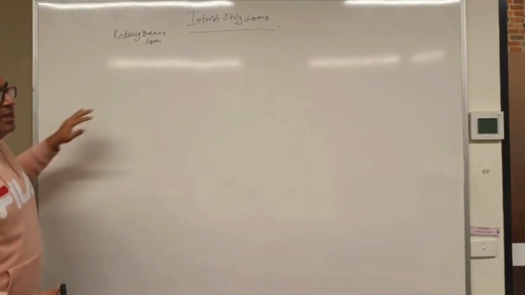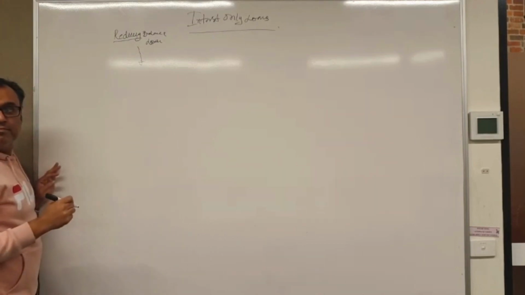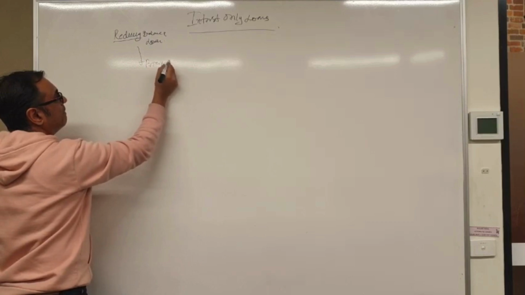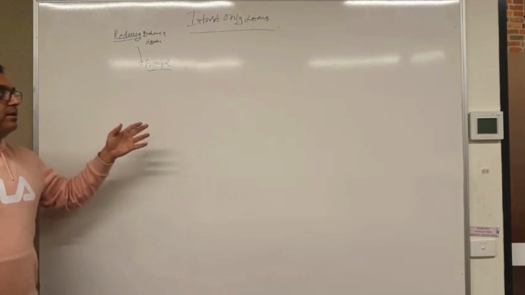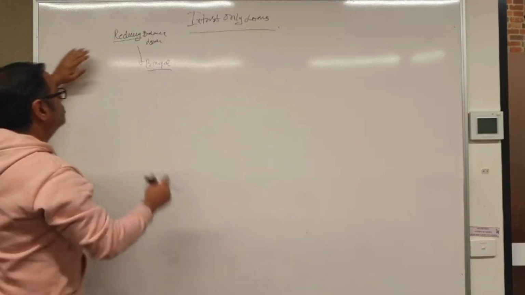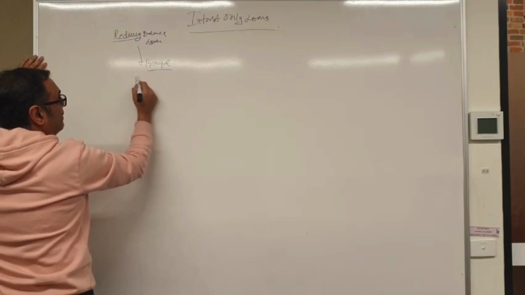So, in a nutshell, in a reducing balance loan, you are reducing what? Your principal. The amount that you borrowed at the start. In the world of reducing balance loans, you pay a PMT.